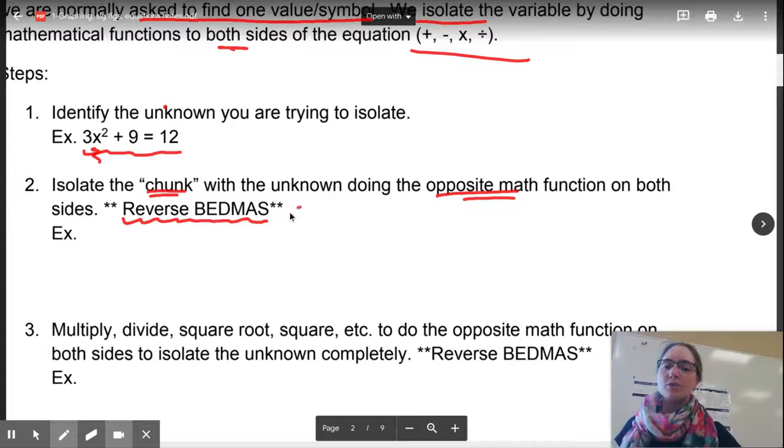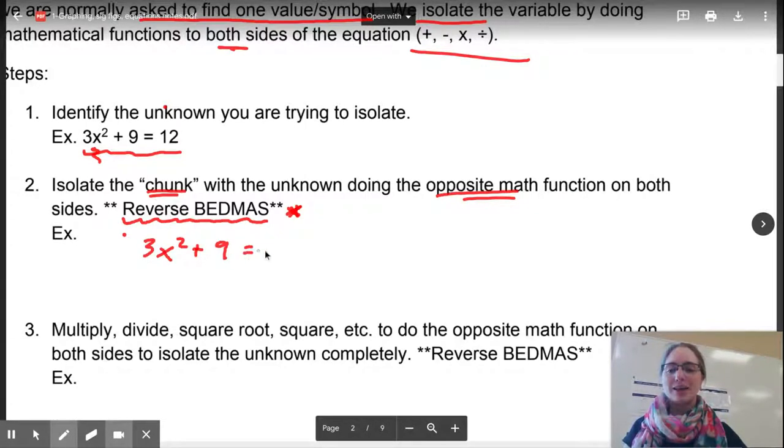Reverse BEDMAS is super important. That's going to be your key to rearranging the equation, the order in which you're going to do things. So when we have 3x squared plus 9 equals 12, my reverse BEDMAS starts with addition and subtraction. So I am going to start by getting rid of this 9.